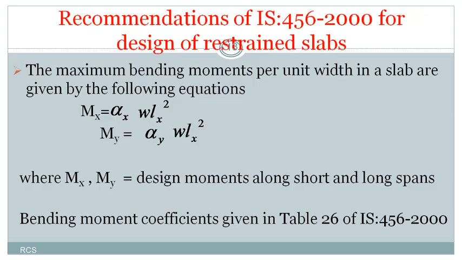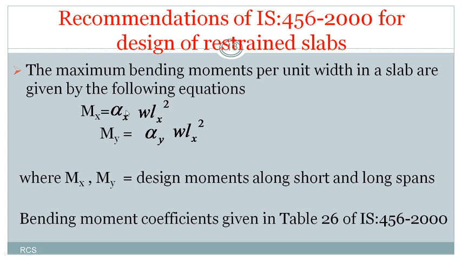What is the first recommendation? The maximum bending moments per unit width in a slab are given by the following equations. These are the codal equations: Mx = αx w lx² and My = αy w lx². Here Mx is the maximum bending moment along the x direction, and My is the maximum bending moment along the y direction.